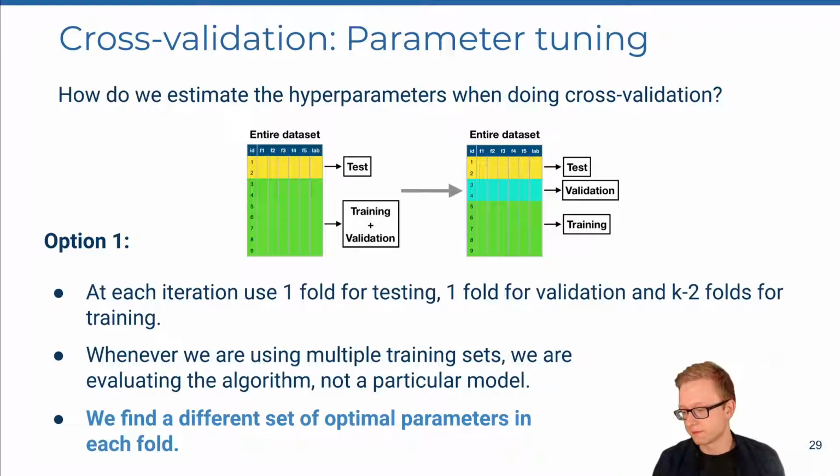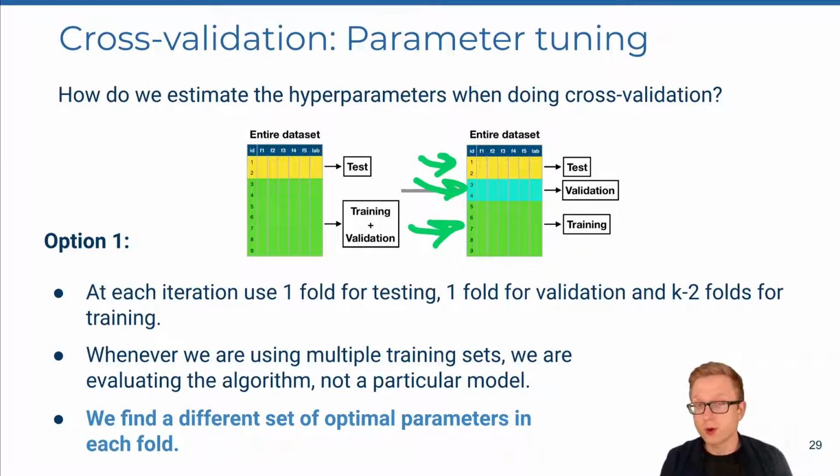So instead of just having training and test separation at each fold, we take one part of the data for testing, one part of the data for validation, and all the rest for training. And then when we rotate the test part of the data, we also rotate the validation part of the data so that we never use the same data for training and validation. We never use the same data for training and testing.